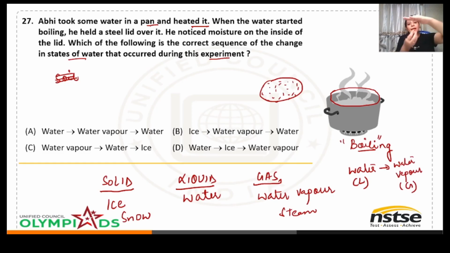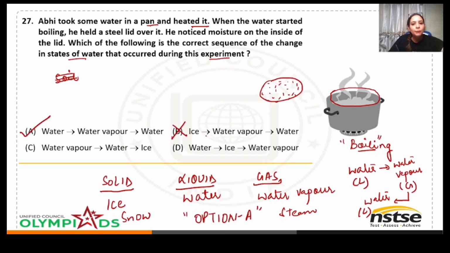Suppose this is a lid and water vapor is rising up. When it touches the surface of the lid, it condenses and again forms water, that is, the liquid form. So the state conversion is: water to water vapor and then to water. So the correct answer is option A, water to water vapor and to water.